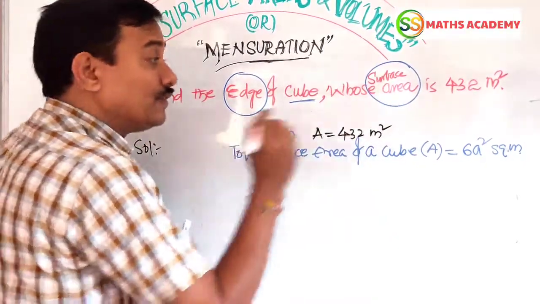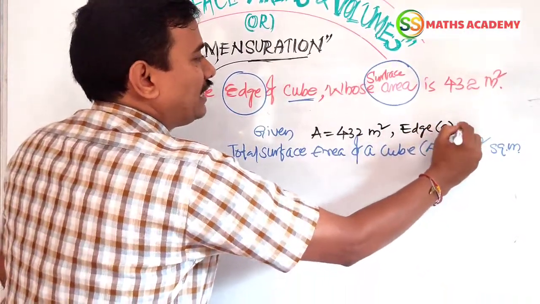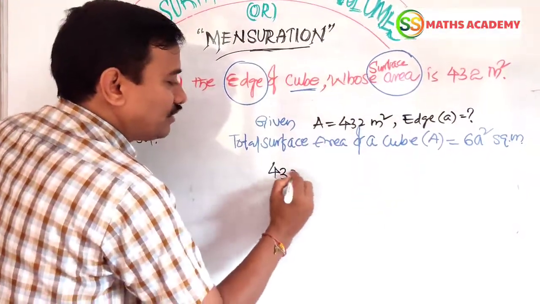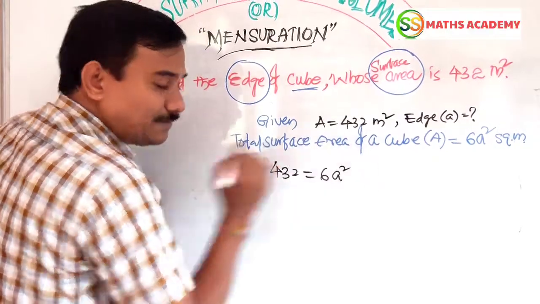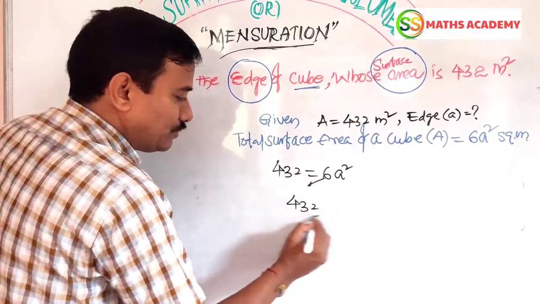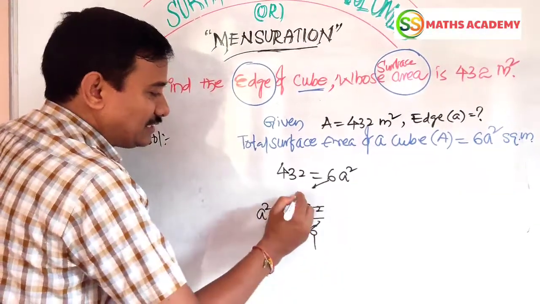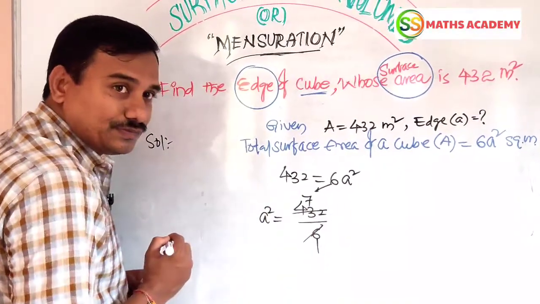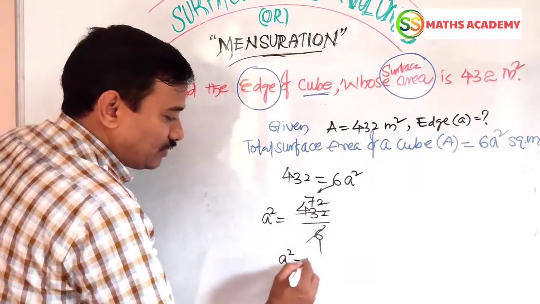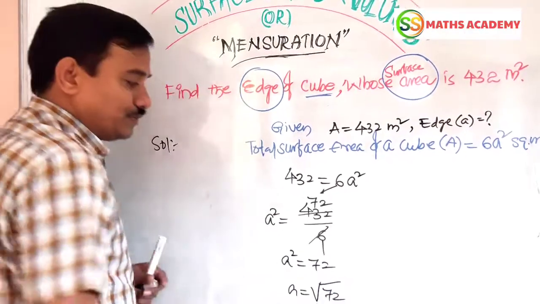We should find the edge, this is our question mark. A value 432 equals 6a square. Now 6 is transferred to the left side, it becomes the denominator. Now a square: 6 7s are 42, 6 2s are 12. So a square equals 72. a equals the square root of 72.